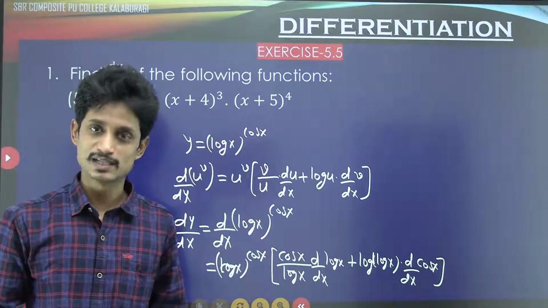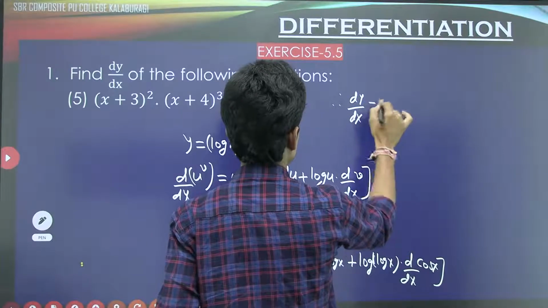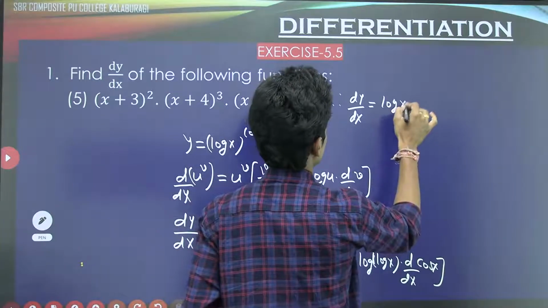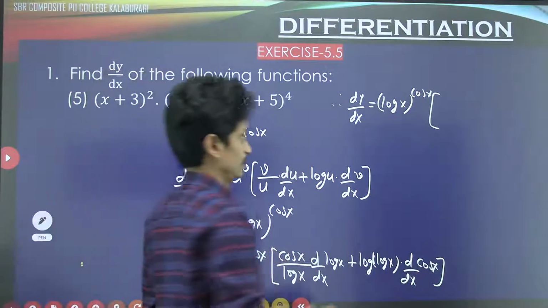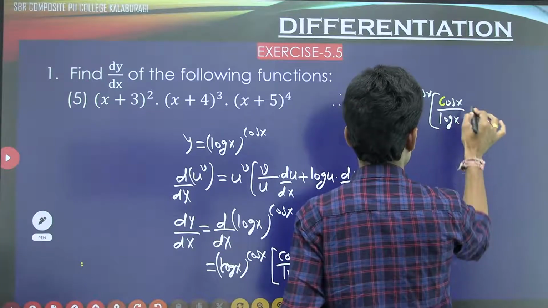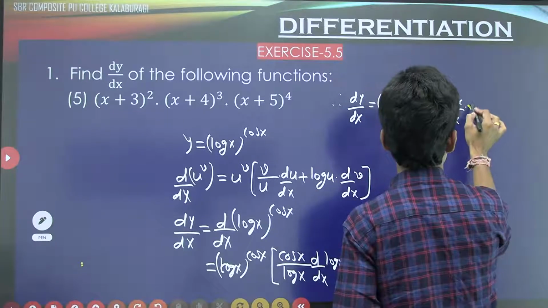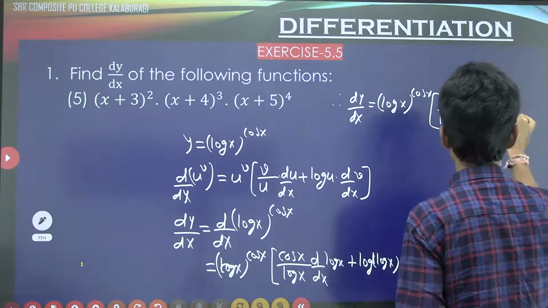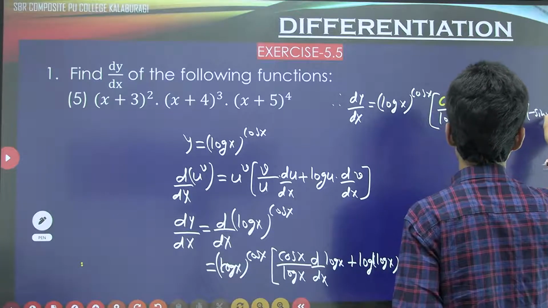In the next step, I'll get my answer, right? Therefore, dy/dx is equal to, outside, (log x) whole power cos x as it is. Inside the bracket, cos x divided by log x into the derivative of log x, which is 1 upon x, so we write 1 divided by x, plus log of log x, into the derivative of cos x, which is minus sin x.